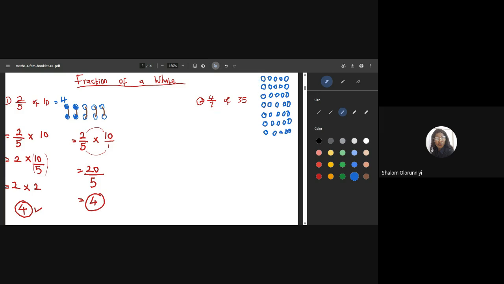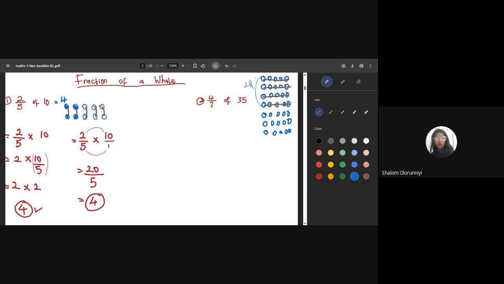Now we're going to pick 4 out of those 7. Pick 4 groups. 1, 2, 3, 4. And if you do that in total, how many cupcakes would you get in these 4 groups? So from these 4 groups, we'll notice that we're able to get 20 cupcakes. So the answer should be 20.